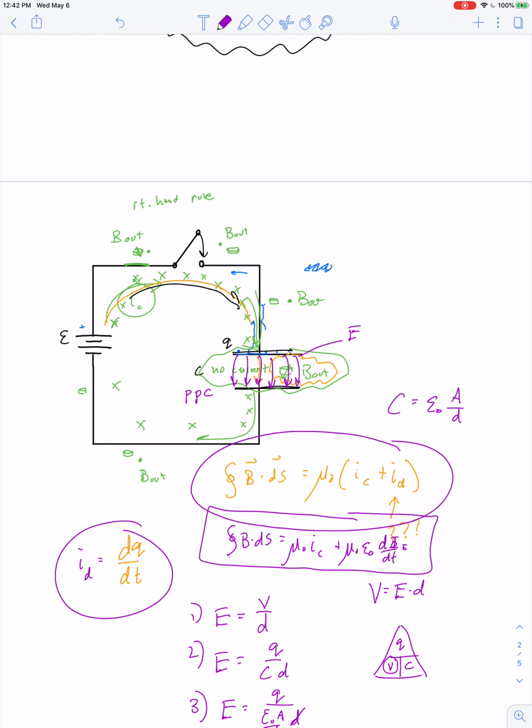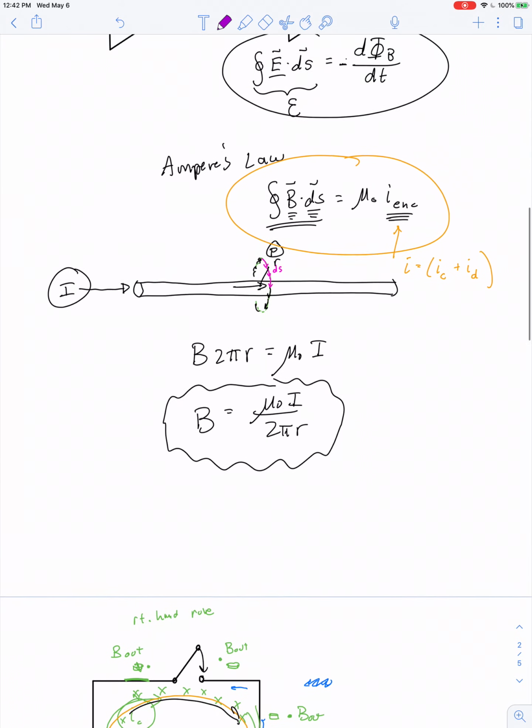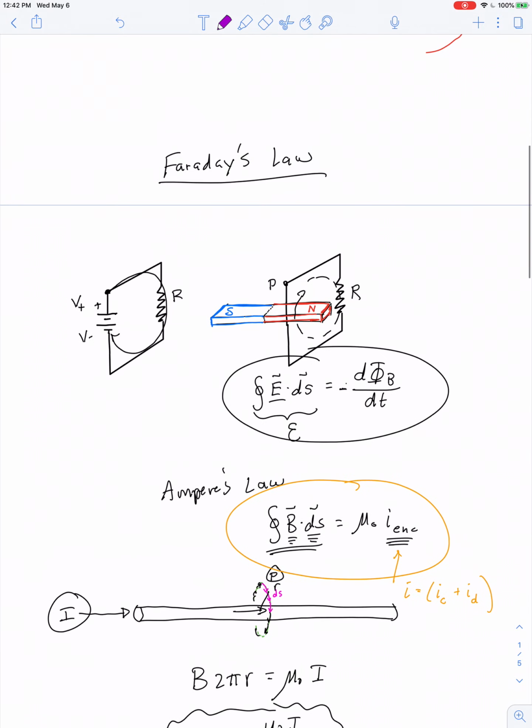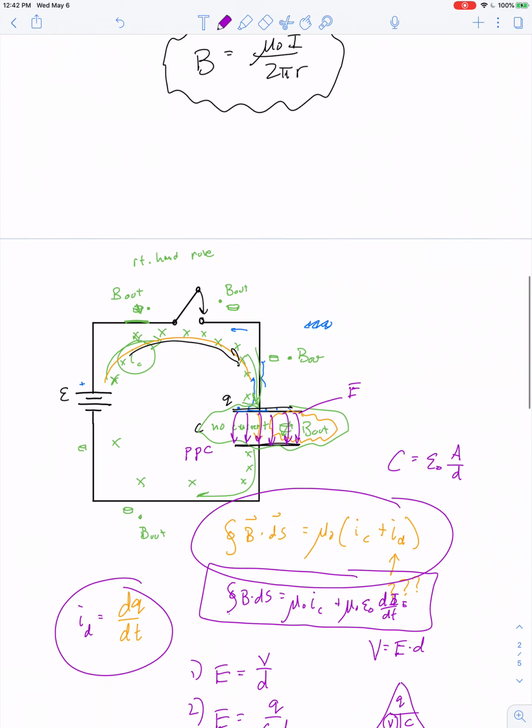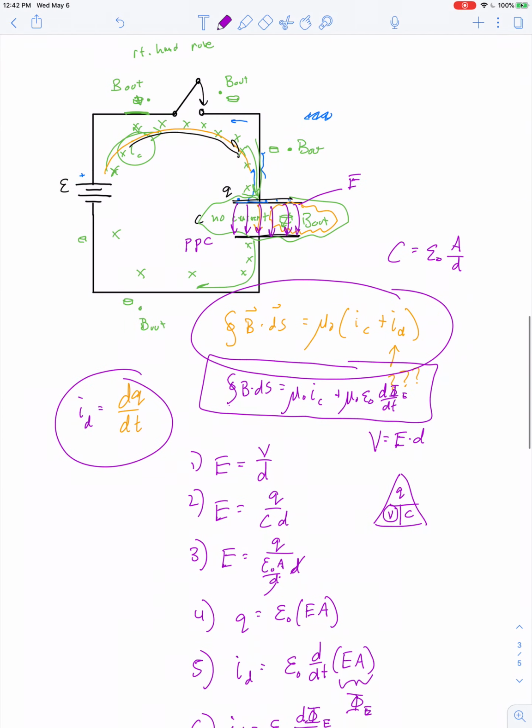Something fascinating here. There's a bit of symmetry in these laws. Peeking back at Faraday's law, it suggested that a change in magnetism produces electric fields. Well, this full version of Ampere's law that accounts for displacement current says a change in electric field has a way of producing magnetic fields.